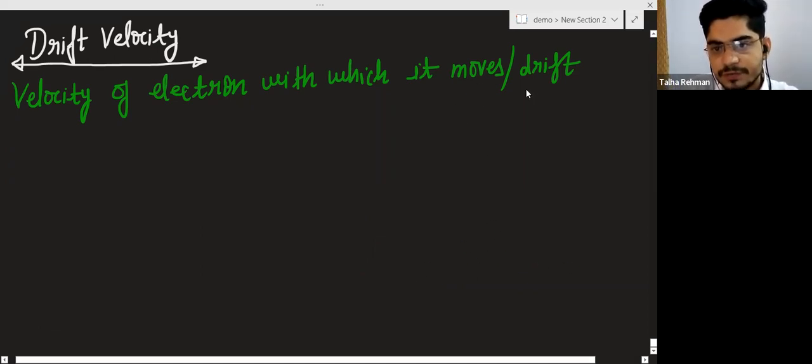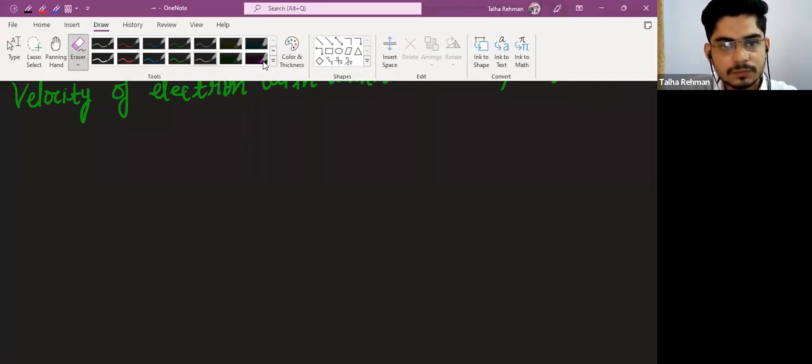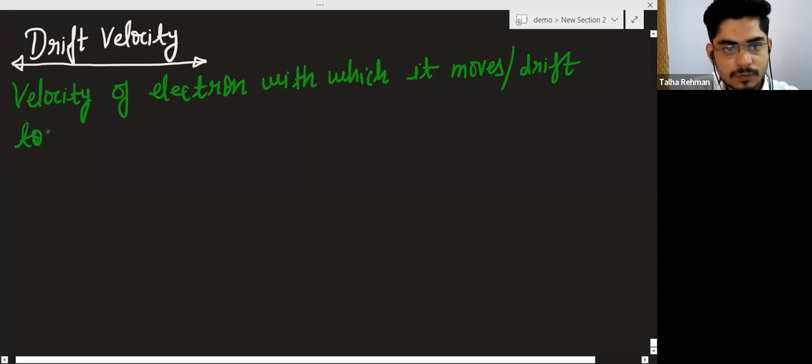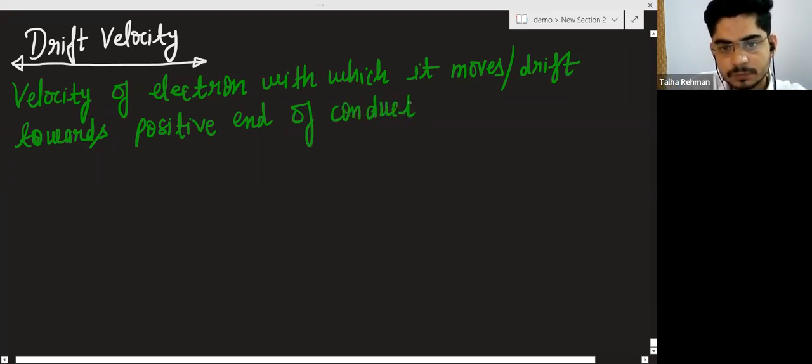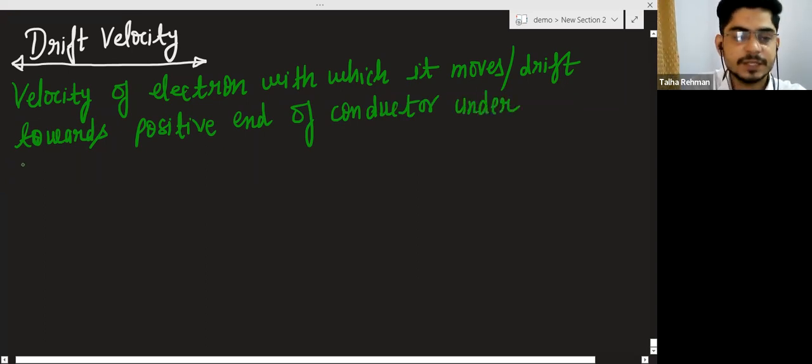So the electron moves or drifts towards the positive end of the conductor under the action of electric field.